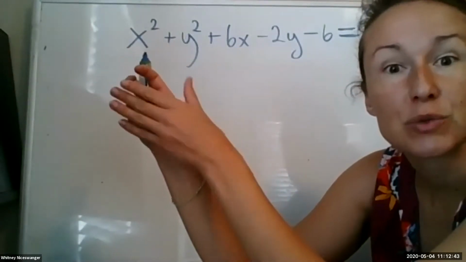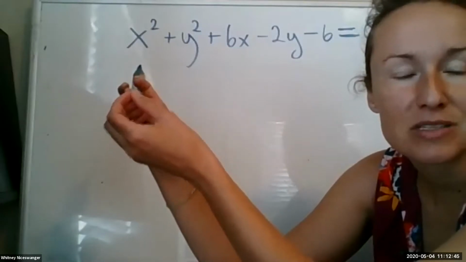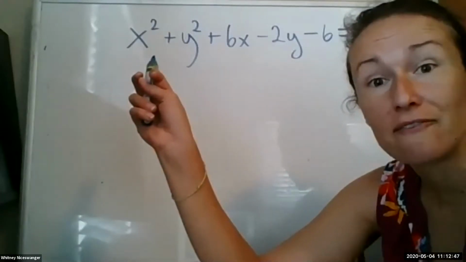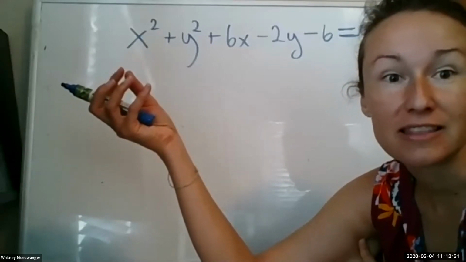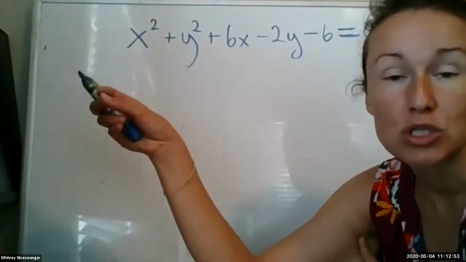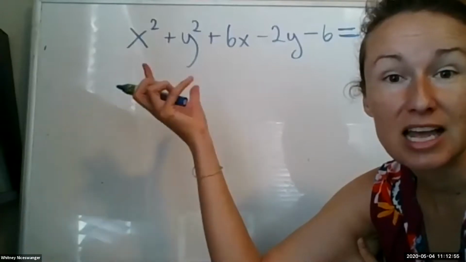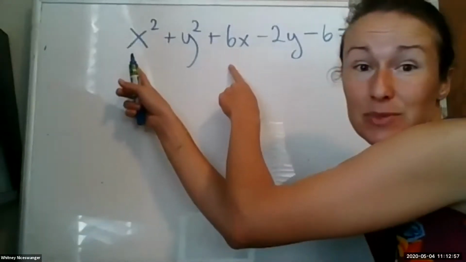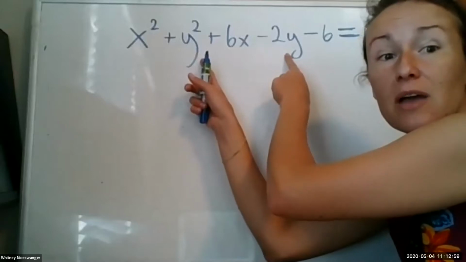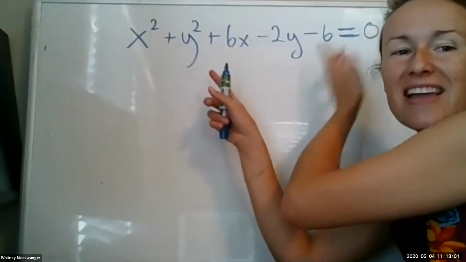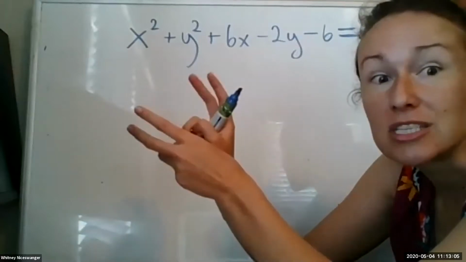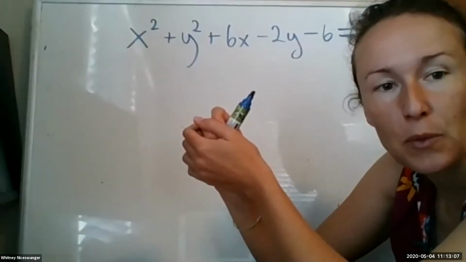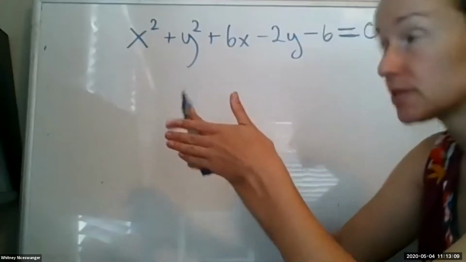So we're going to complete the square on x and complete the square on y so that we get it in that special form that we can identify the shape of this circle. So if we want to complete the square on x, we need to group these x pieces. If we want to complete the square on y, we group these y pieces. And that -6 is just modified depending on what versions of 0 we add or subtract. Okay, so let's reorganize our terms.